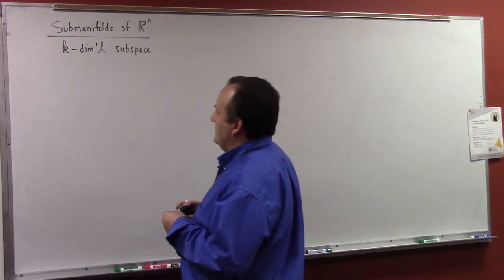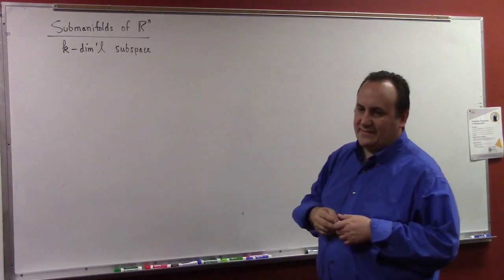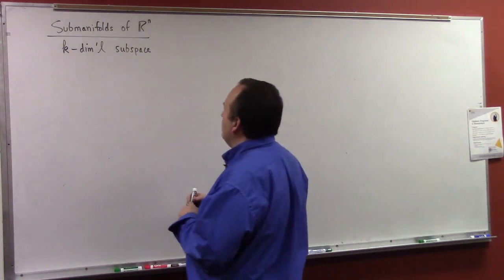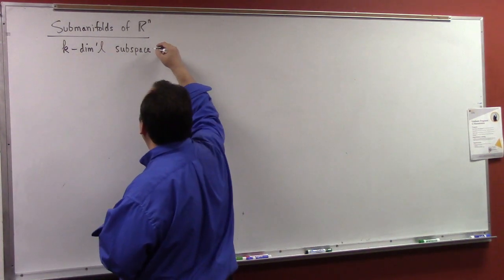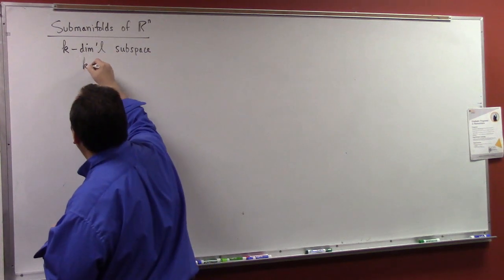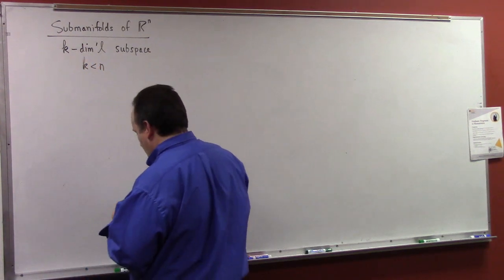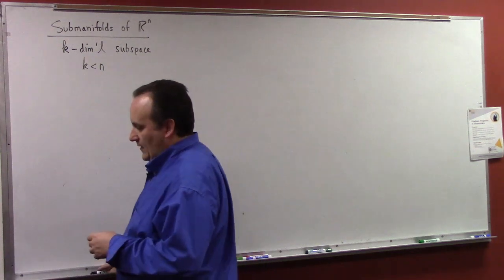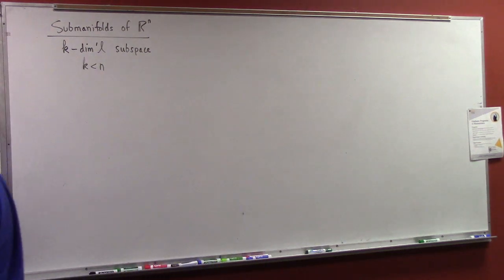The question is, and here I'm assuming k is less than n, okay? So how do we describe such an object? Like, what even is that?